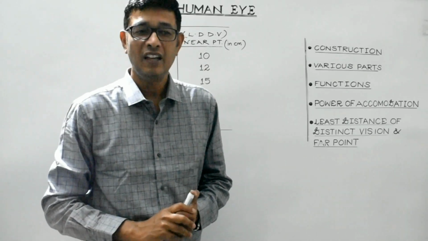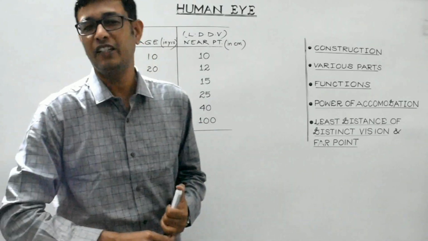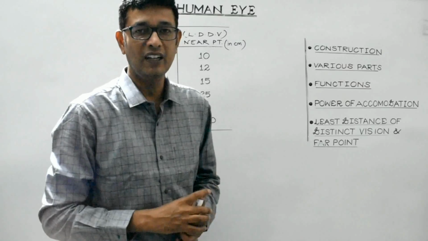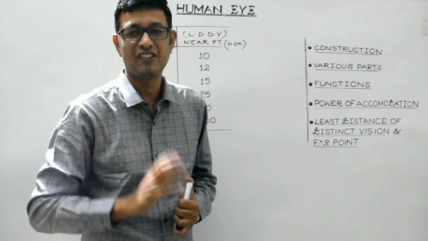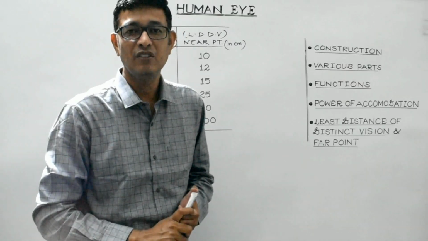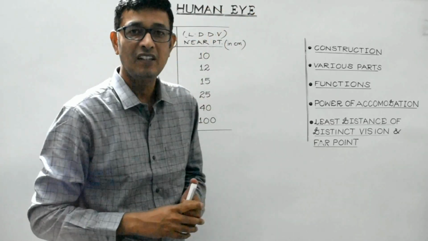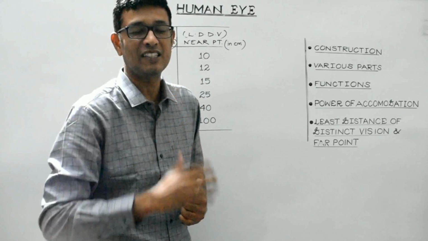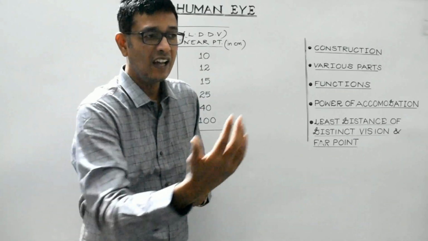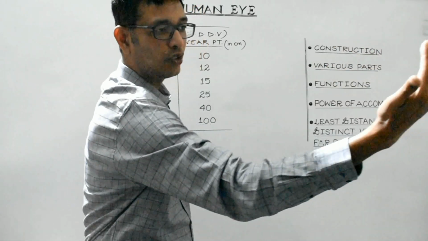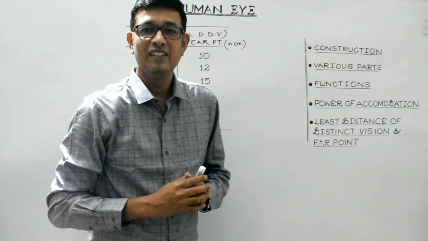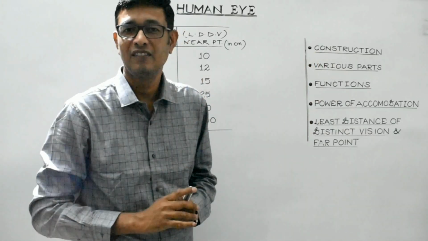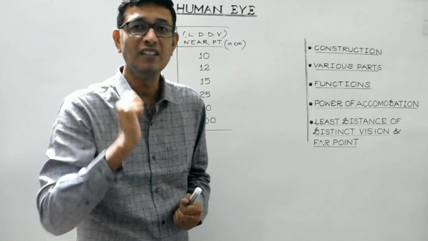Clear, students? And here I must mention a very important point. When the object is lying far away from the eye, then the eye is somewhat relaxed. In such a situation, when we view a faraway object, the thickness of the eye lens is minimum and its focal length is maximum. While on the other hand, as the object is brought gradually closer, the eye is put to strain by the muscles, isn't it?